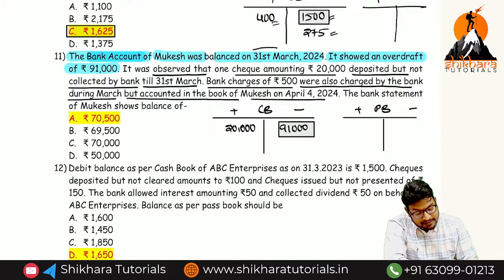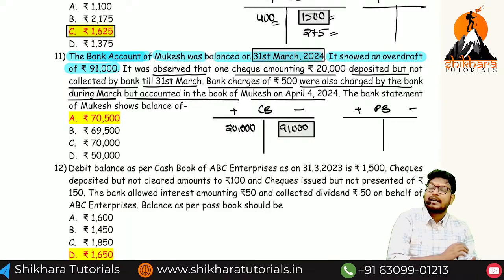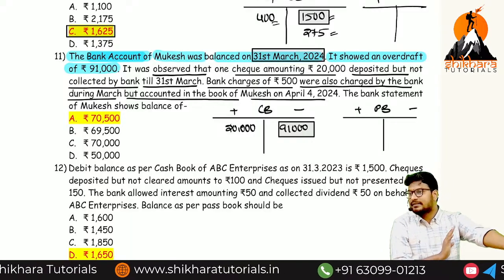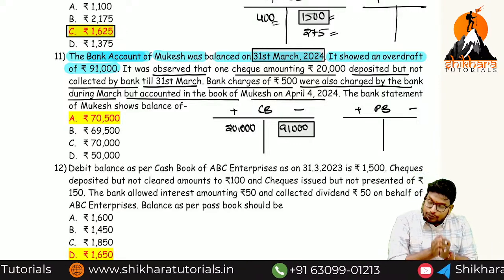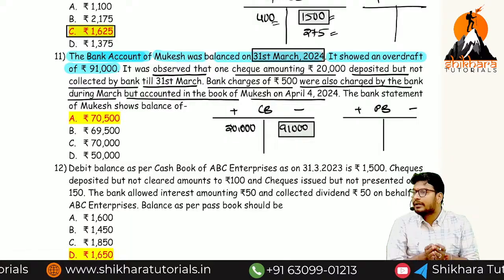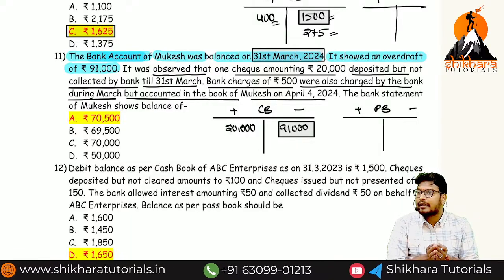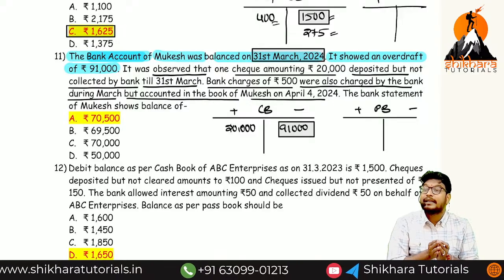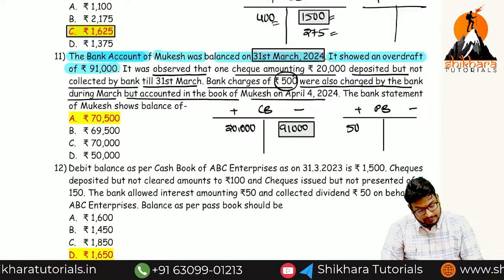We are doing the BRS on 31st March. The bank charges were charged in March itself, but we recorded them in April. That means during March we have not recorded them, so this transaction is recorded only in the passbook, on the debit side, rupees 500.